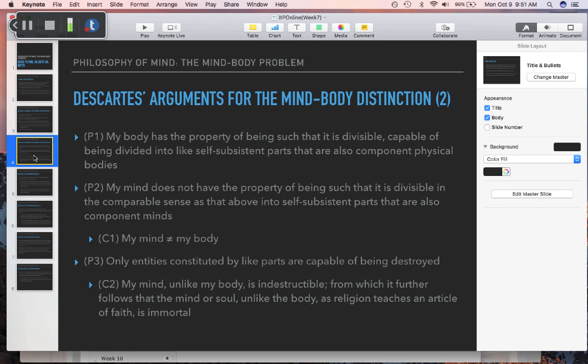But this is by way of explanation of what premise 3 and conclusion 2 are doing in this argument at all, right? They are not important in themselves for demonstrating the distinctness of mind and body, but here they are nonetheless.